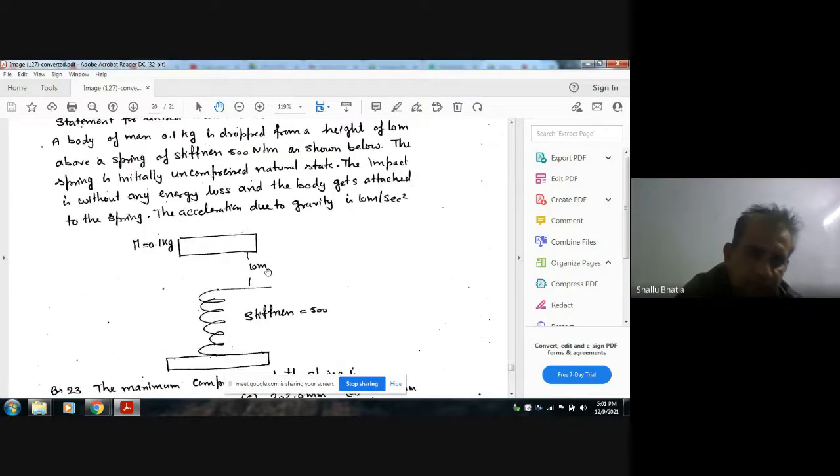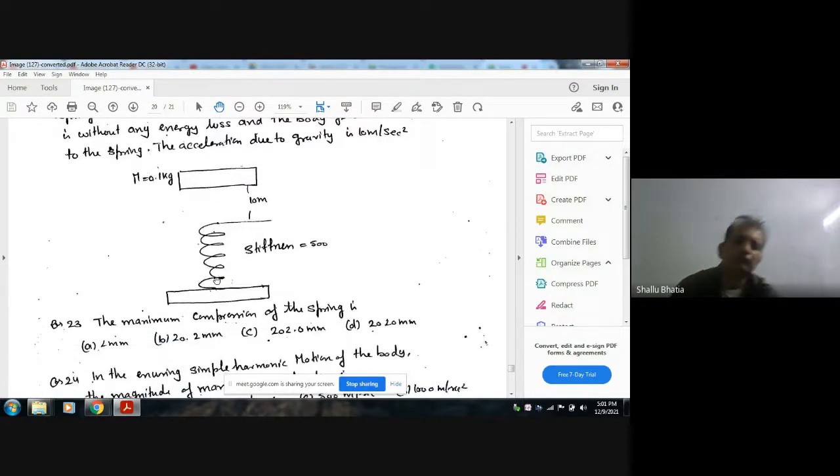Here the mass m is falling from a height of 10 meters. To find the maximum compression, we use the fact that the potential energy lost by the mass is equal to the energy gained by the spring.